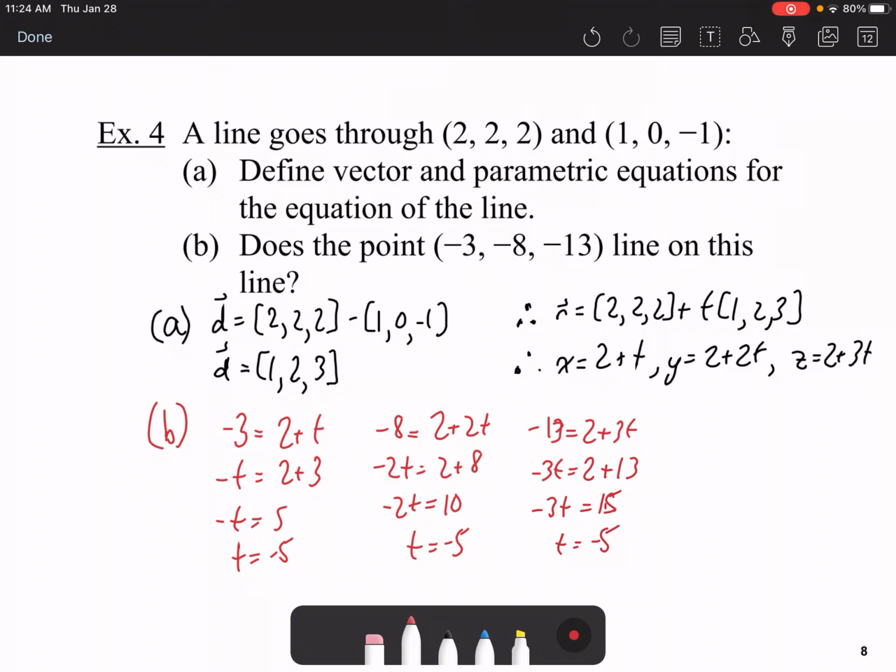Oh, this t value also equals negative 5. So that proves that the point (-3, -8, -13) lies on the line. And there you go. Thus concludes this lesson.